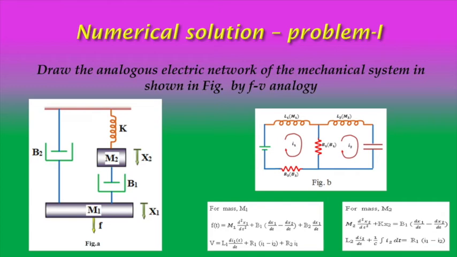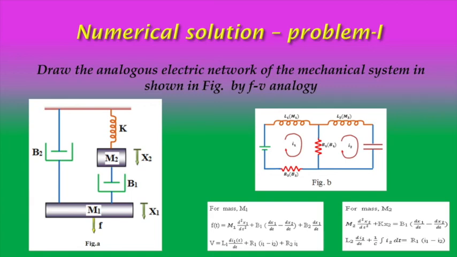Thus there are two junctions, so there will be two loops. The first loop consists of voltage source V analogous to force F, inductance L1 analogous to mass M1, resistance R2 analogous to B2, and resistance R1 analogous to B1. The second loop consists of inductance L2 analogous to M2, capacitance C analogous to K, and resistance R1 analogous to B1.